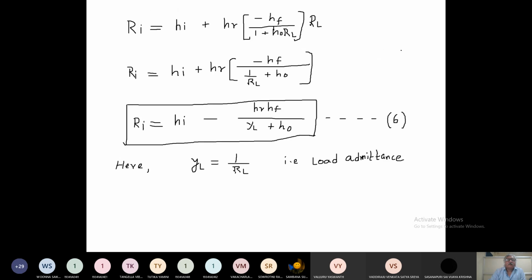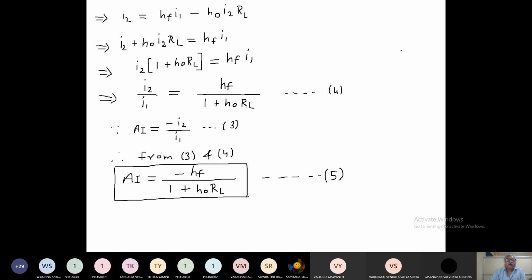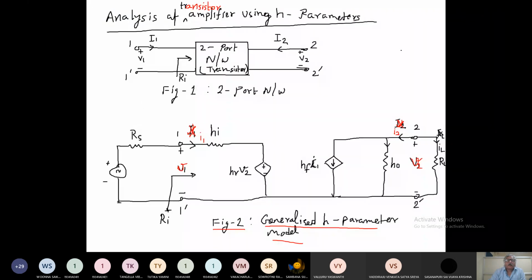Okay. So here if we see this diagram, the output voltage is this V2, right? And the input voltage is this V1, right?